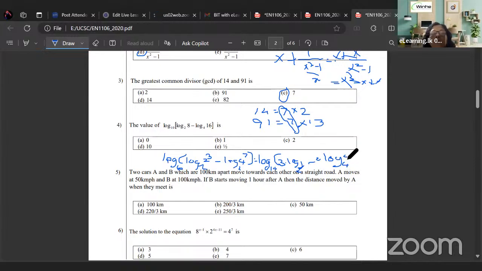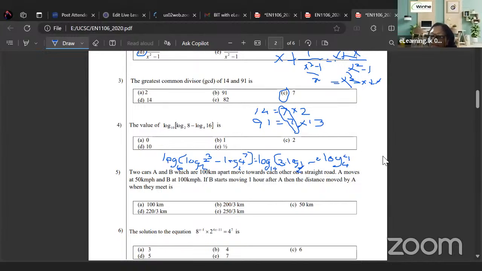You know, as I said in that lecture on logarithms, the log value of the base is equivalent to 1. Right? If you are finding the log value of the base, then it is equivalent to 1. Then 3 minus 2 is equal to 1.